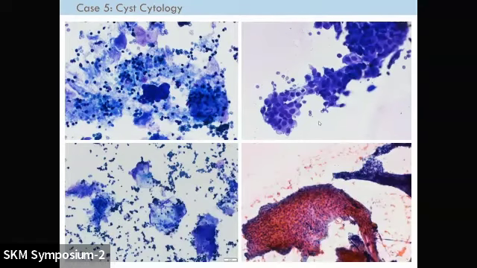Here, these are more well-preserved epithelial groups that, on this difficult stain, appear more benign looking, but it is hard to identify them as squamous or glandular. This is the Pap stain, which shows a morphology more in tune with squamous epithelium. However, it is not exactly certain whether this is a squamous epithelium.